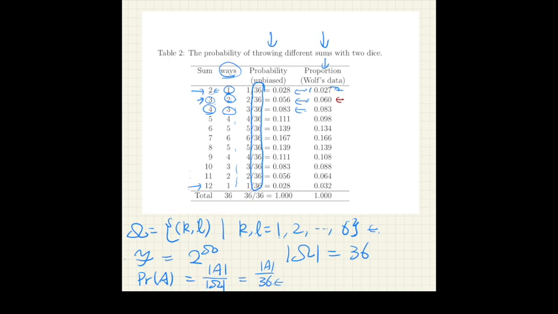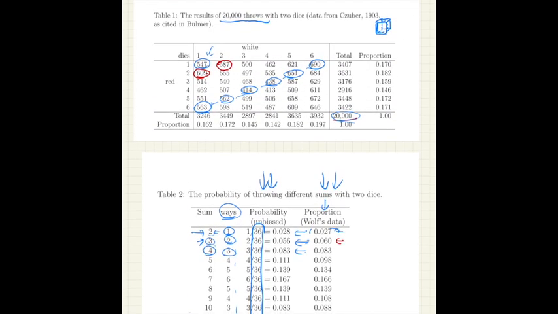So this is for the theoretical calculation. What about the experiment? In this case, what is the sample space? Actually, this is not so trivial because in the experiment there are 20,000 samples.